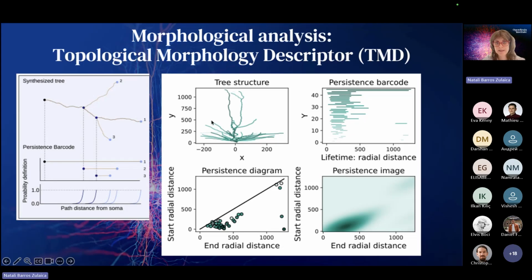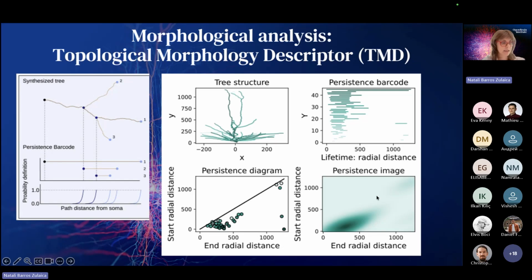So here you have an example of a human morphology. From this dendritic branch, you can extract the barcode on the right. And then below, you have the persistence diagram. In the persistence diagram, each point's x-axis represents the distance to the soma, and its distance from the diagonal represents the length of the branch.